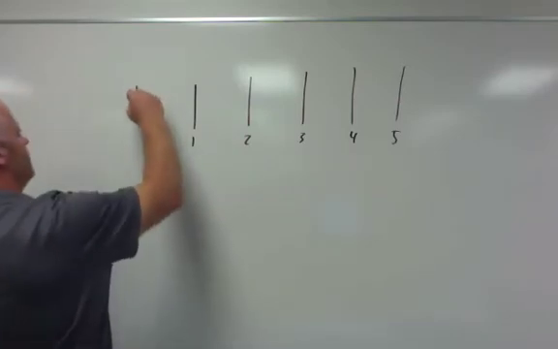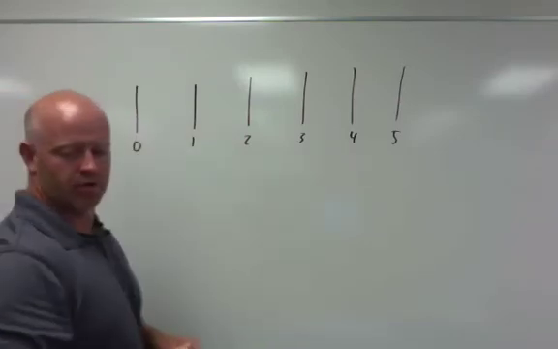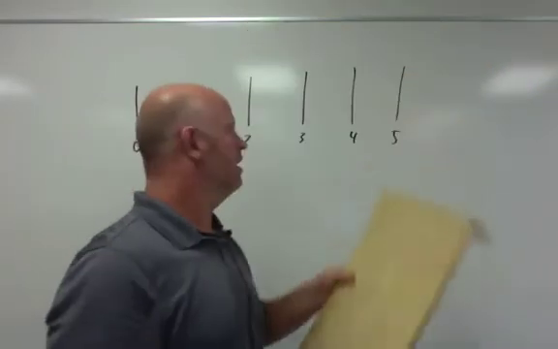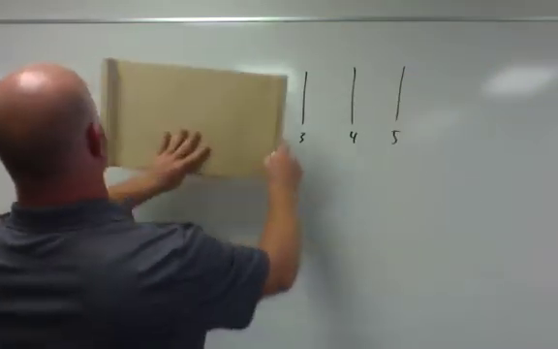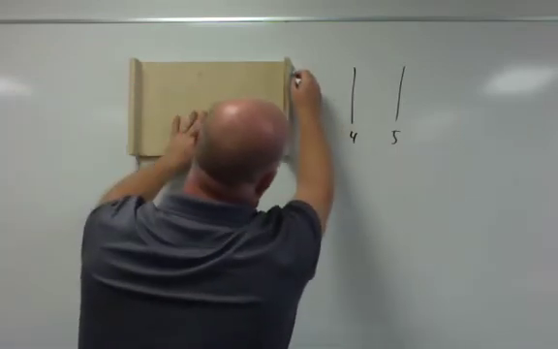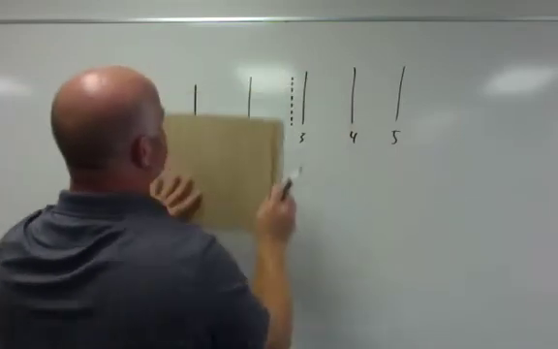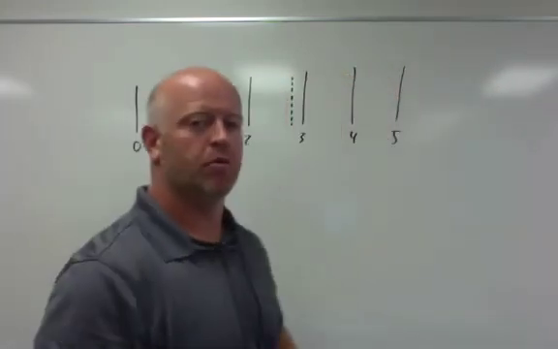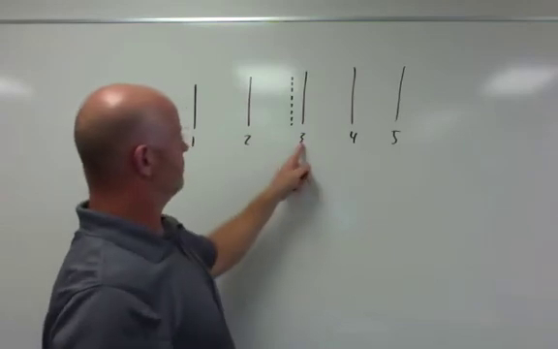This would be my 0 point out here. Let's say we'll just grab this thing right here. How long is this? So I put it up here, I measure it, and it goes to there. So is it 3?